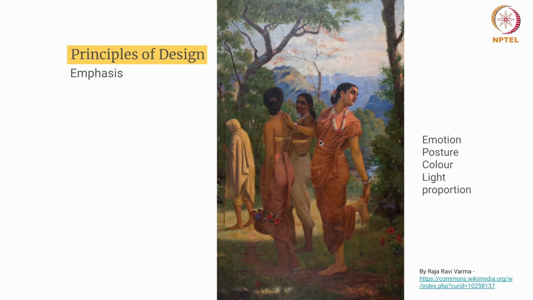And this is happening because the character is trying to show that she is trying to pluck a thorn from her foot. Another interesting part is the colors. Here you can see a very different set of colors compared to the rest of the characters.